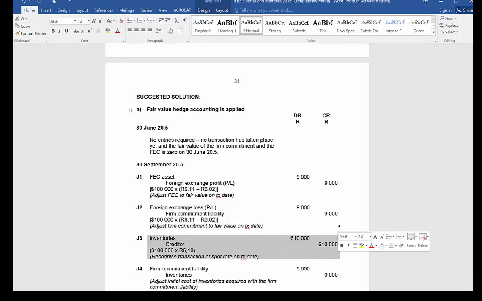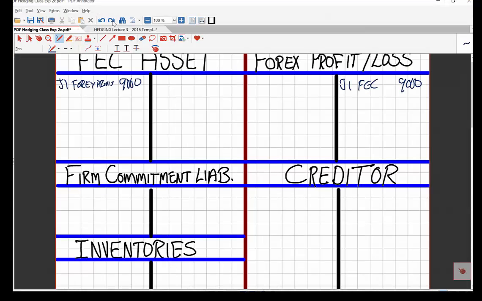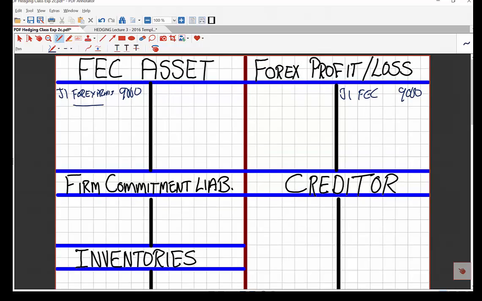So what is happening there? Remember, it's our transaction date. So on transaction date, we're now going to put into our books, recognize the inventories at 610,000, the spot rate on transaction date, against the creditor at 610,000. Journal number 1, as you can see there, is your forex profit, 9,000, against the FEC, 9,000. So that's our first entry.